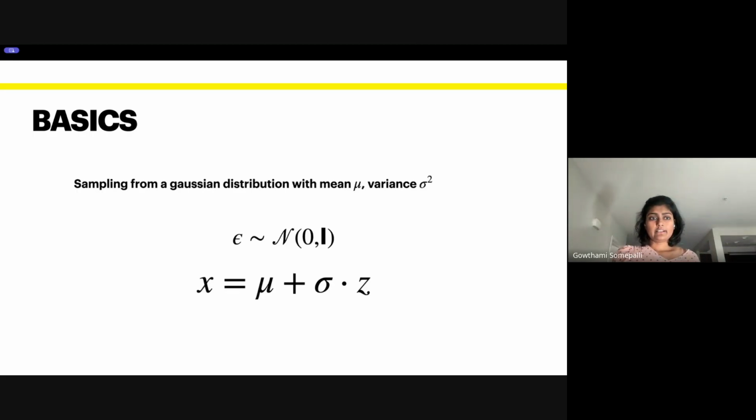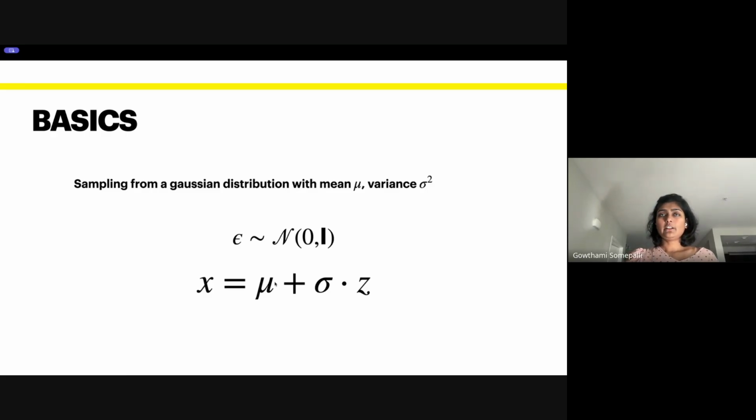The second important fundamental you need to know is how to sample from a Gaussian distribution with mean mu and variance sigma squared. Again, this is very simple. Let's say your x is coming from this Gaussian distribution with mean mu and variance sigma squared. Then you can define another random sample epsilon, sampled from a normal distribution with mean 0 and variance 1.